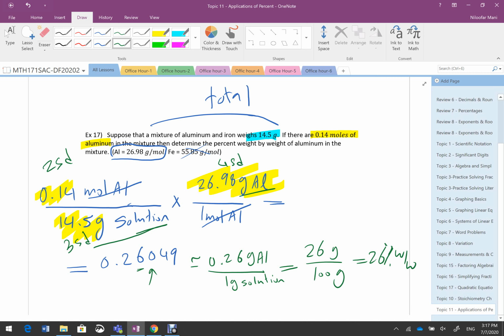Then I find the answer, which is 0.26 gram aluminum over 1 gram of solution. But then I need percentage. So it's 26 gram over 100 gram. Because when I talk about W over W, it means how many gram per 100 gram of solution.